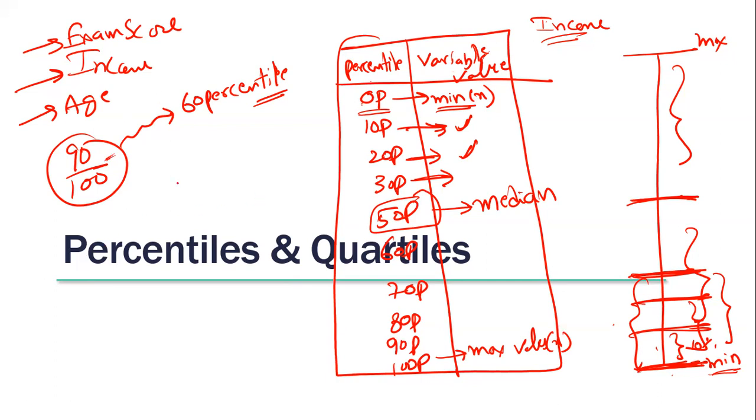When is it possible? Only 60% got below 90, but the remaining 40% got above 90. Then even with 90 marks, I can end up in 60 percentile. Do you agree with this point? All of you think about it carefully. Does it make sense?